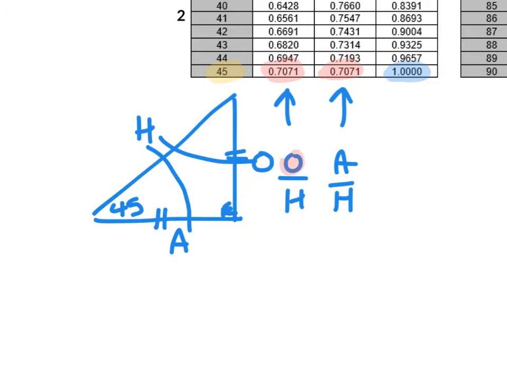These two guys are physically the same number because they are the same side. Why would we get a 1 value for tangent? Well, tangent is opposite over adjacent, and if we look at our values again, the opposite is exactly the same as the adjacent, so that would produce a value of 1 every time.